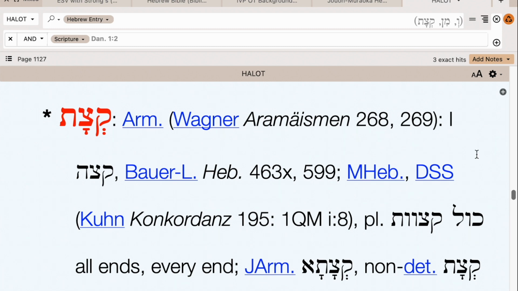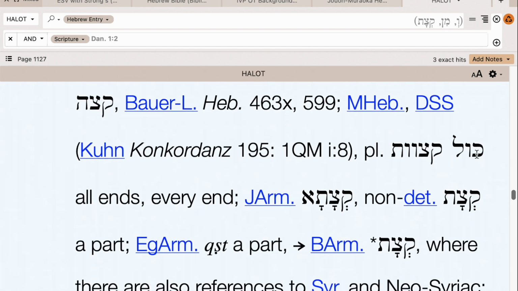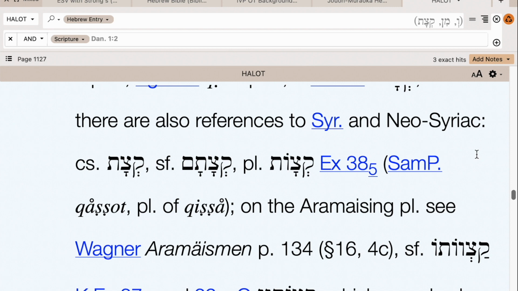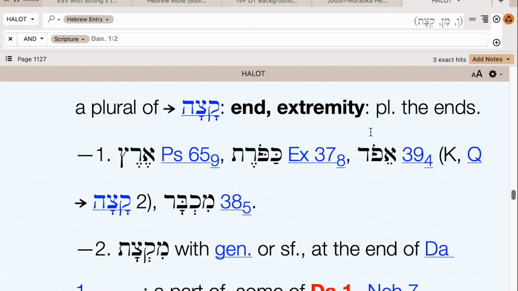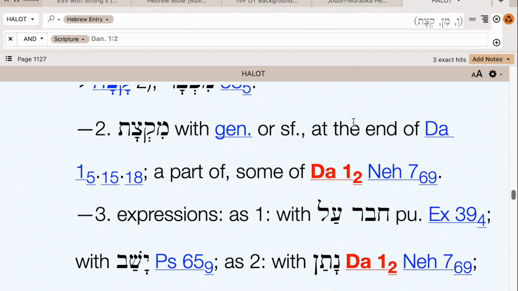So in the Hebrew and Aramaic lexicon, okay, so Ketsat has a number of translations throughout the Hebrew Bible. A lot of times it means end or extremity, but you see here, miktsat can mean at the end of. We're going to see that in Daniel 1:5, Daniel 1:15, and so on. But it also means a part of or some of, as in Daniel 1:2 and Nehemiah 7:69.